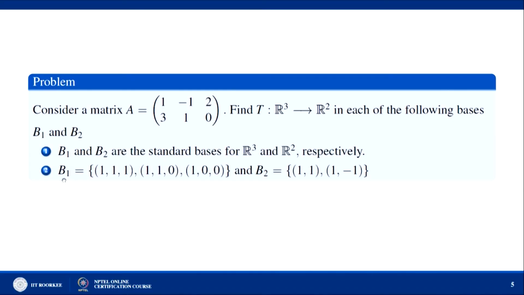Okay. In the second example, where the bases are different, how can we find out the corresponding linear map? Again T is from R3 to R2 and A is given to us, which is the same.